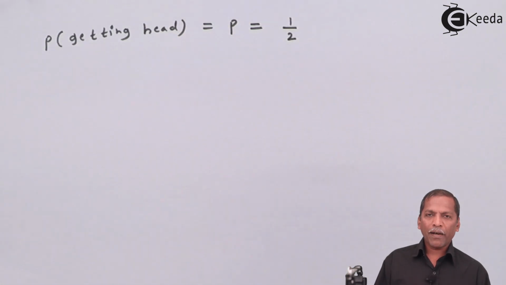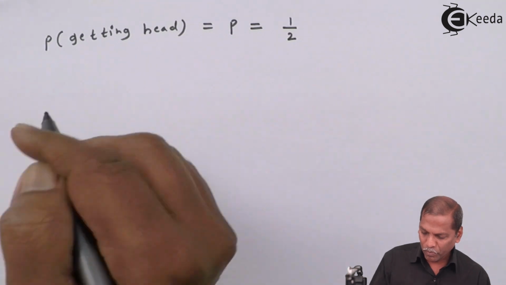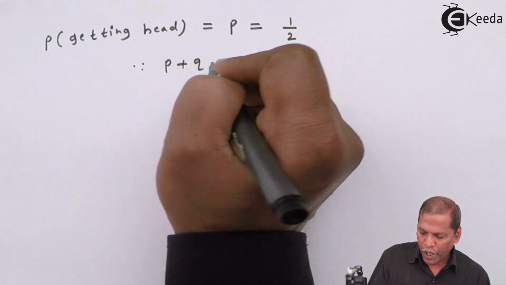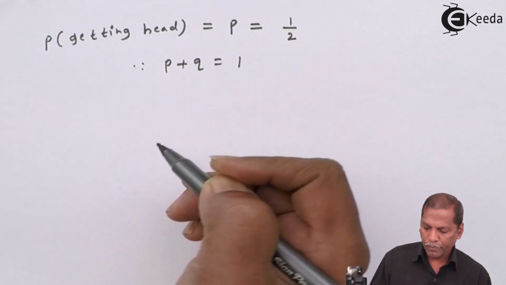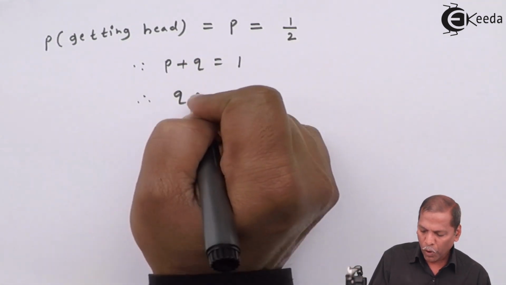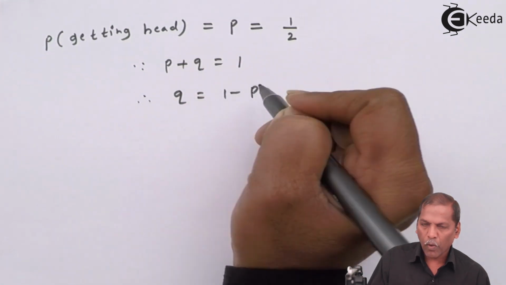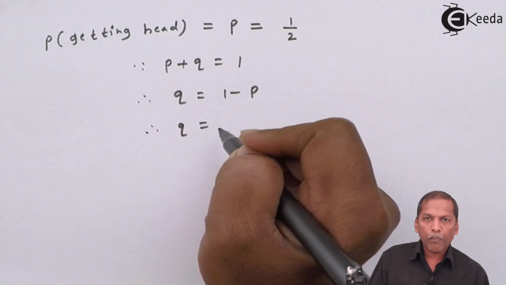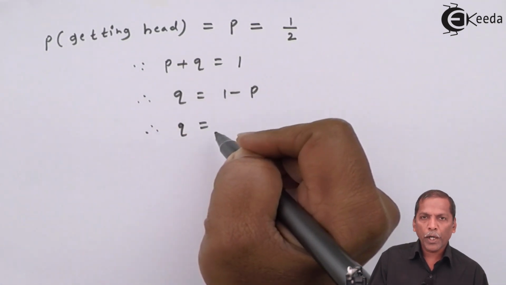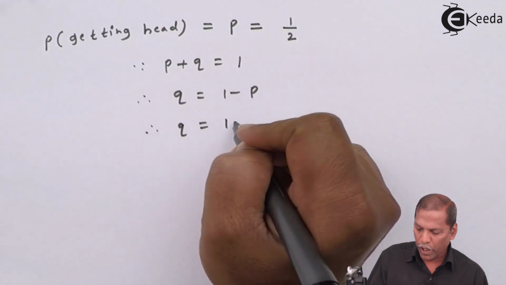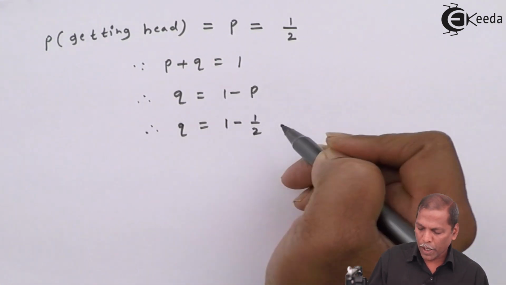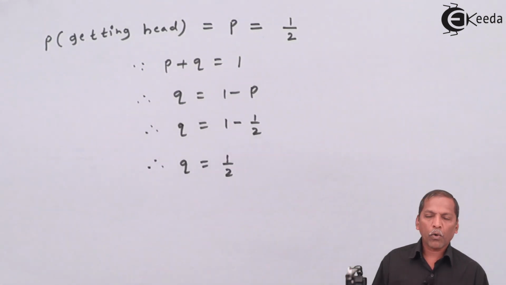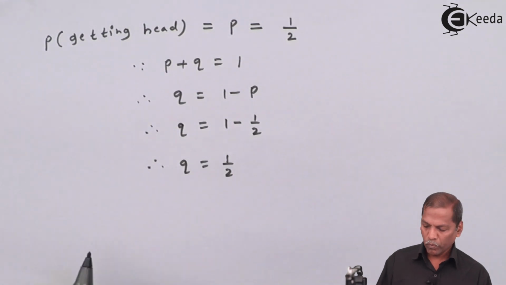Now we have to find the value of Q. Since P plus Q equals 1, therefore Q equals 1 minus P. Substituting the value of P equal to 1 upon 2 here, we get Q equal to 1 minus 1 upon 2, and therefore Q equals 1 upon 2.